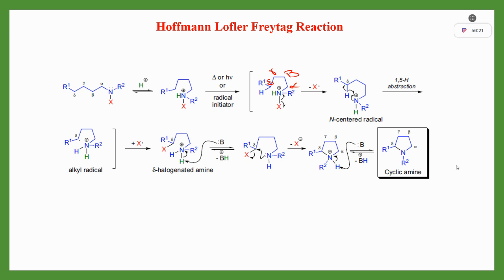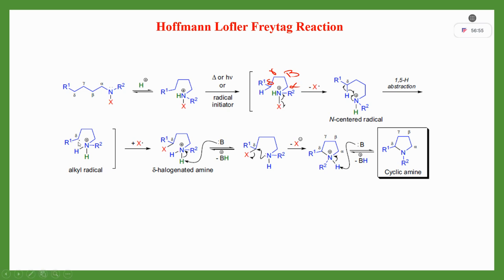So let me restart explaining this. Basically in the Hofmann-Loeffler-Freytag reaction, our starting material is N-haloamines. Okay. First, nitrogen will be protonated in acidic condition. Then, under photochemical condition, a radical will form, first between nitrogen and that halogen. Then that halogen will abstract your delta proton and leave a radical.